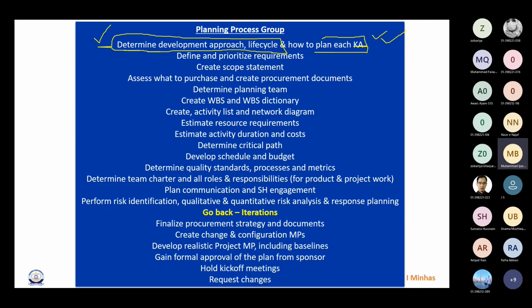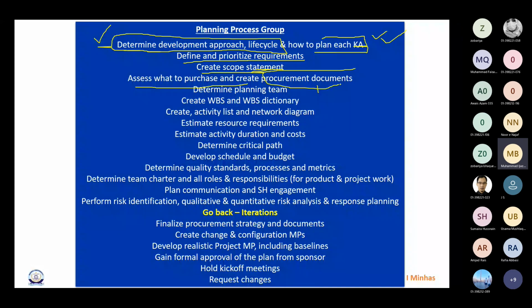Then we define and prioritize the requirements. We are done with it. Then we create scope statement. We are done with it. And at this time, we need to assess which part of the scope we will do ourselves and which part we will outsource. Because this will trigger the procurement process.